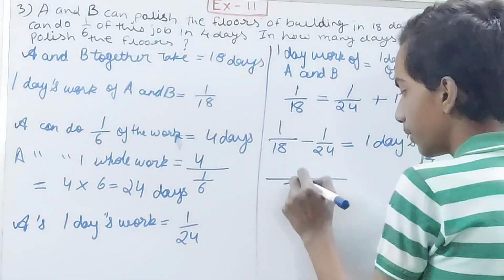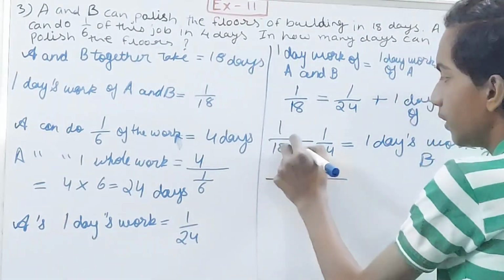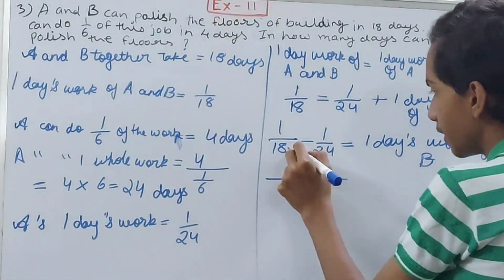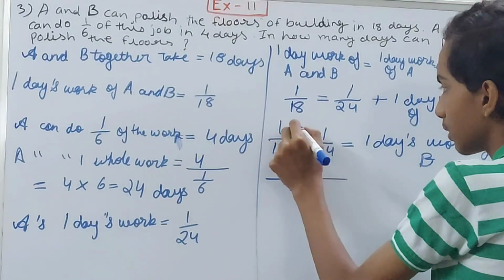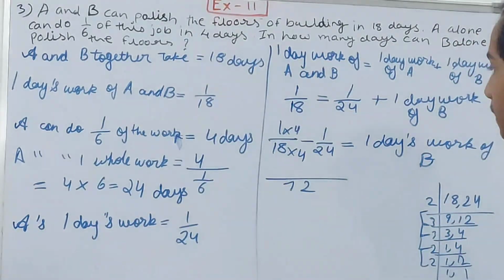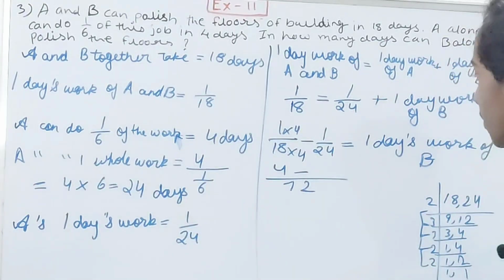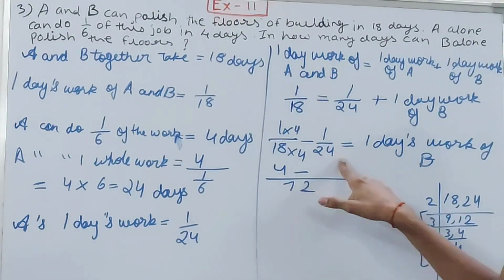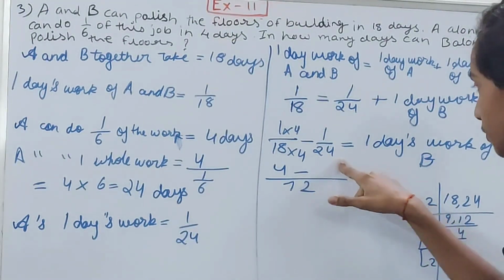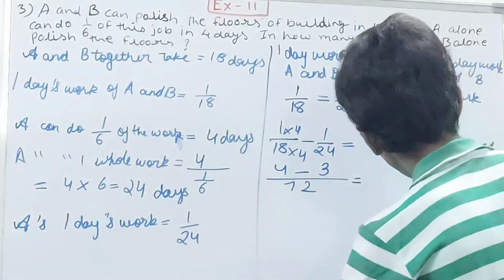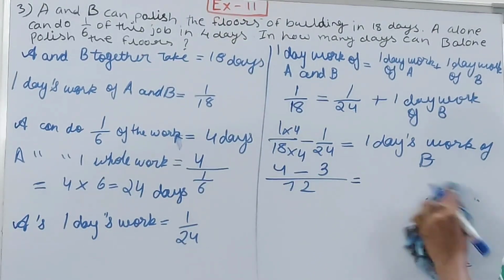18 into how much will give me 72? 18 into 4 is 72, so 4 here, and I'll put 1 here. Now minus, how many times 24 will give me 72? Very simple, 3 times.